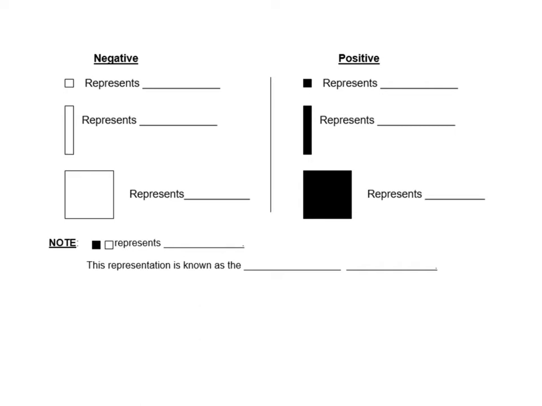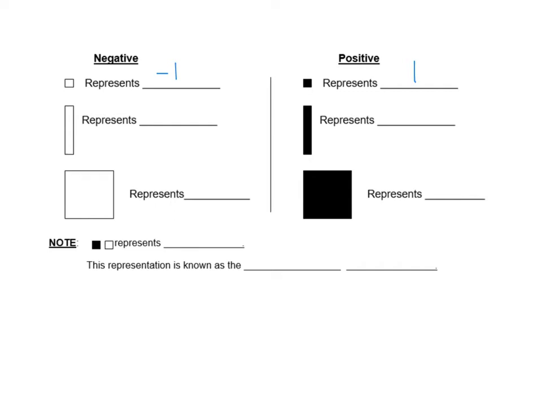And so for our purposes, we're going to be treating dark tiles, you can see on the right hand side here, as positive, and white tiles as negative. Now the little squares, they represent 1. So for negative, that is obviously -1, and for positive, that is just +1.